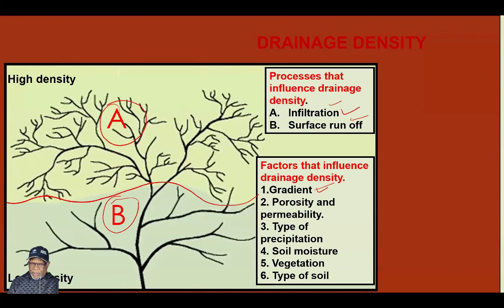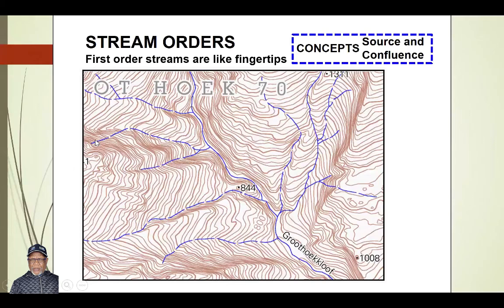It means the soil at B is more permeable. Permeable means that the soil is allowing water to infiltrate and therefore resulting in low density. That is why we have fewer streams. But at A, the soil is less permeable and therefore more surface runoff and less infiltration.